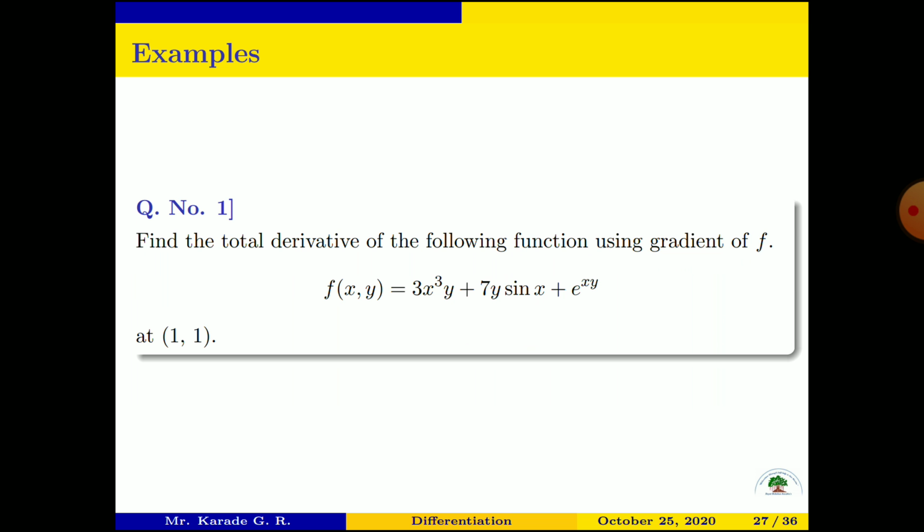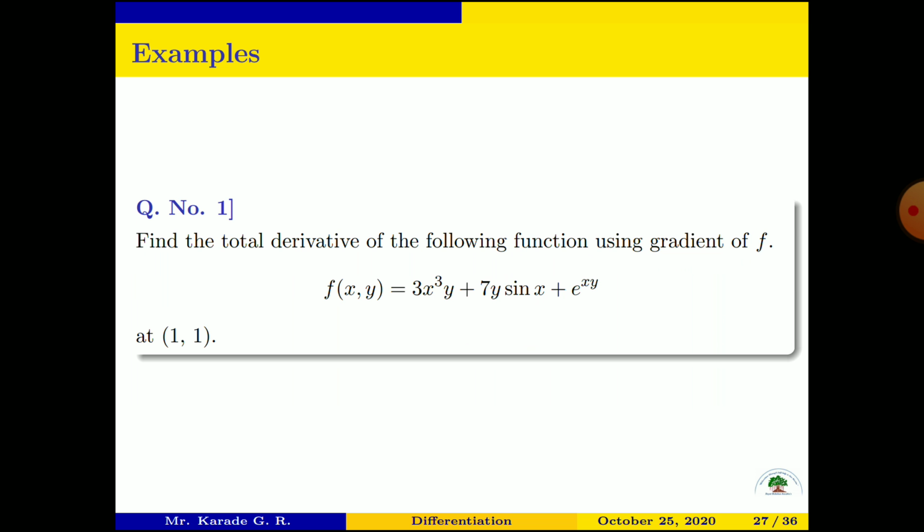Question number 1. Find the total derivative of the following function using gradient of f.